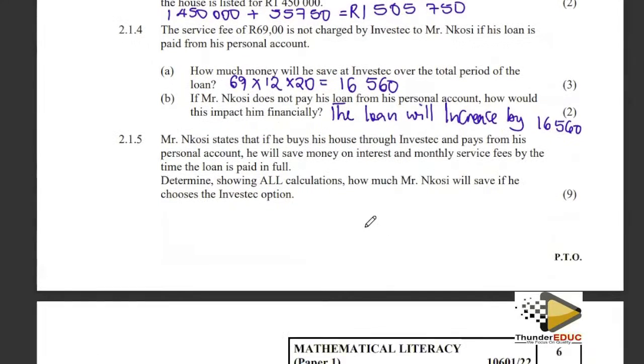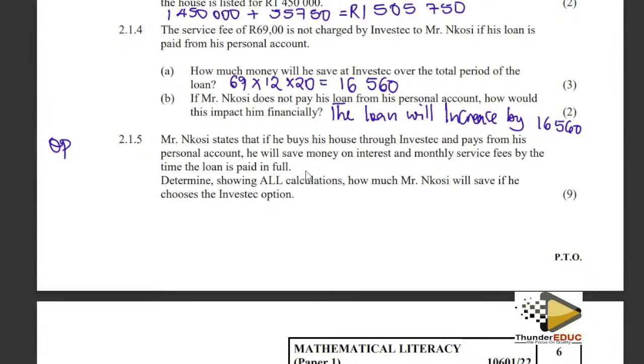Mr. Akos states that if he buys his house through Investec and pays from his personal account, he will save money on interest and monthly service fees by the time the loan is paid up. That means after the 20 years. Determine, showing all calculations, how much Mr. Akos will save if he chooses the Investec option. These are supposed to be two options that we are looking at.